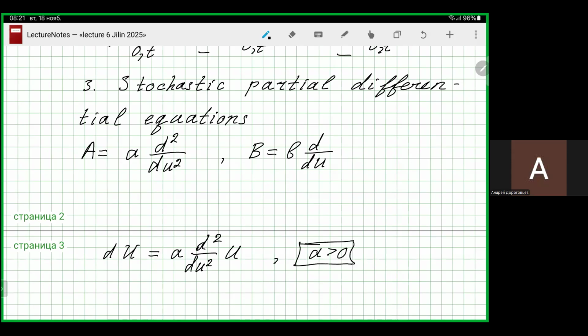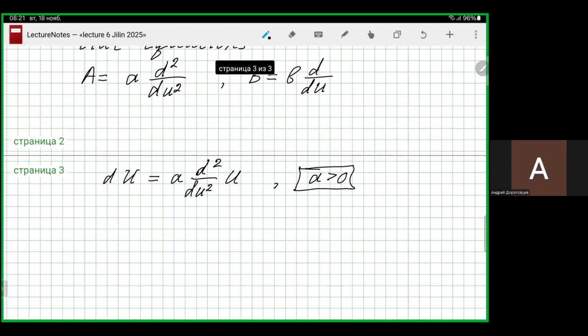This is an important thing. So let us think that we have this case now and consider our equation.